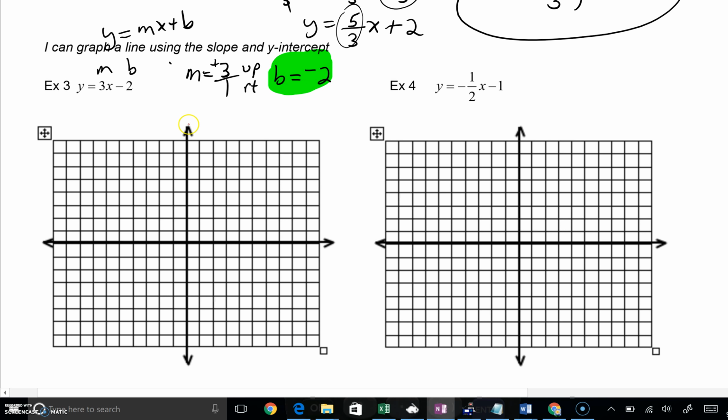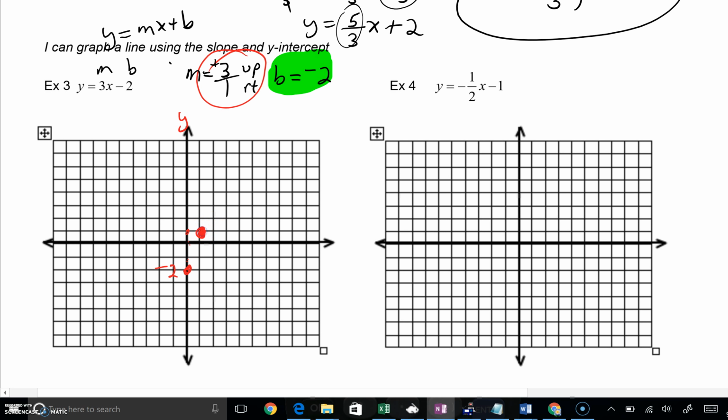B tells us to begin. Here's our y-axis. Go down 2 steps here. The y-intercept of negative 2 means that you go 2 steps below the origin. Put a dot there. Now I'm going to use my slope. I'll go up 3 steps. 1, 2, 3 steps up. 1 step to the right.